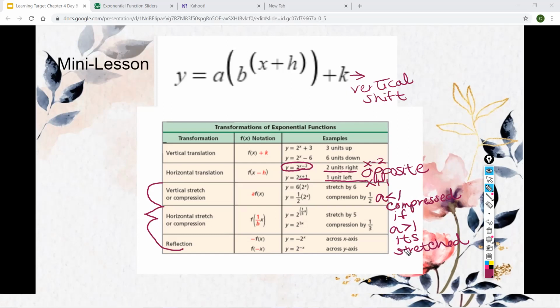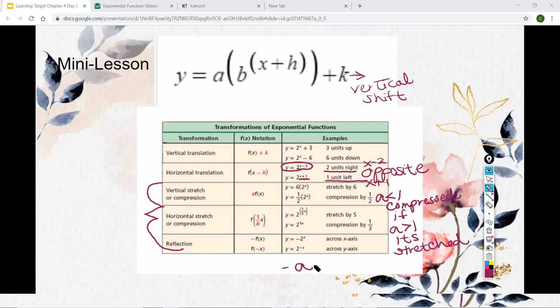So I'm only talking about A here, right? What about if A is negative? What happened with our parabolas when A was negative? Do you remember? Which means it reflected over the what axis?